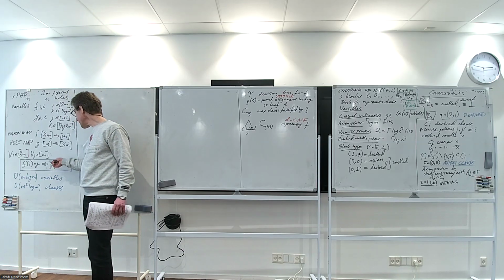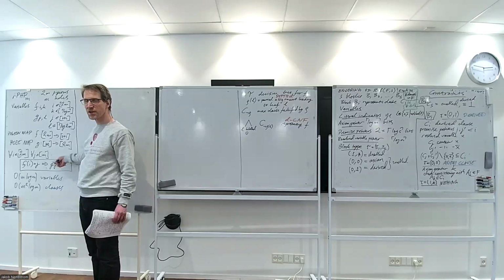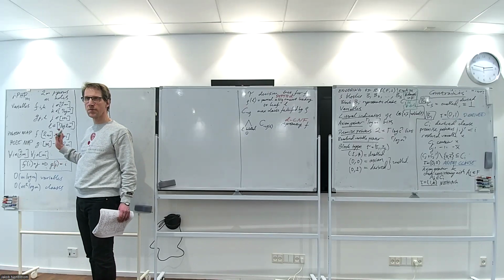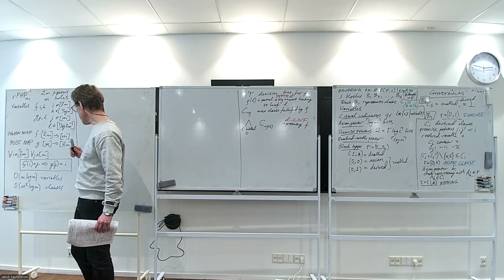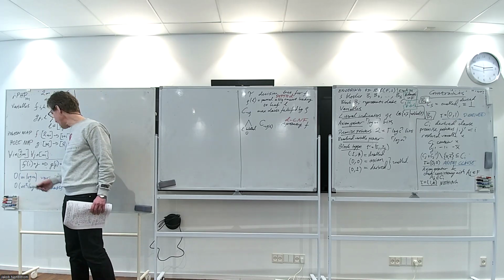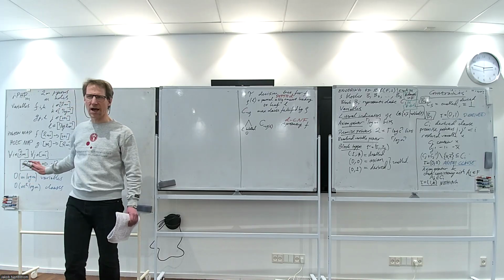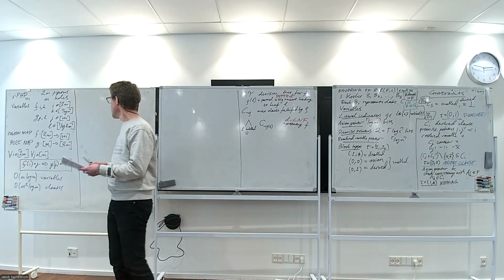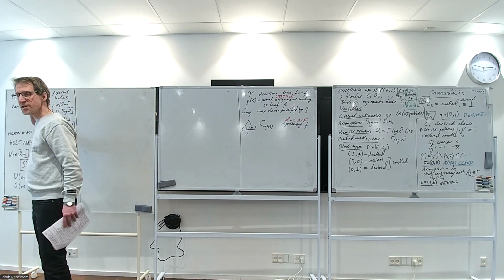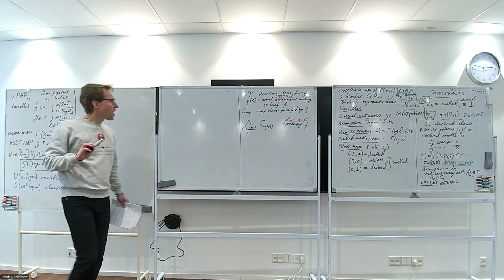And this will be a clause of width something like 2 log m plus minus some constants. The number of variables, if I did my math correctly, is something like m log m, and I think m squared log m clauses, something like this. We're going to use this formula heavily.